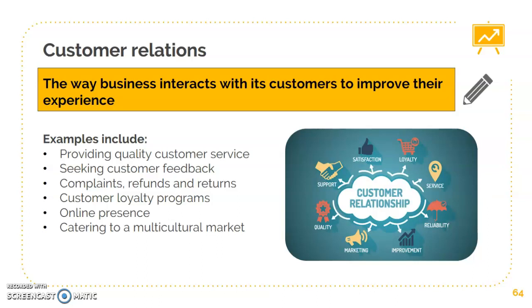Now, some of the examples are providing quality customer service. Providing quality customer service is the first thing that you need to consider when you start a business. It means that you need to hire the staff. You need to invest in their training so that they are knowledgeable about the products that are being sold in the market.